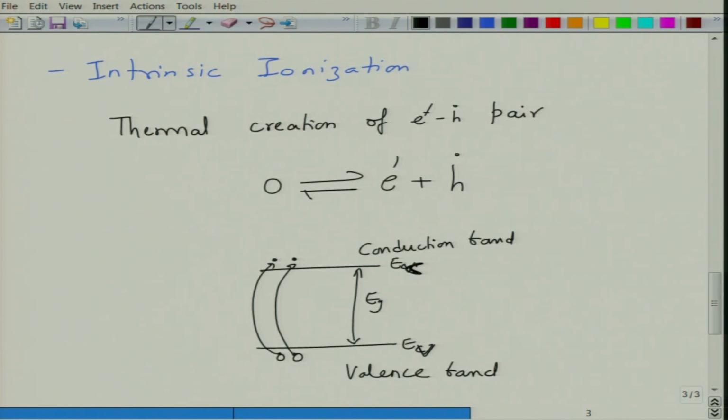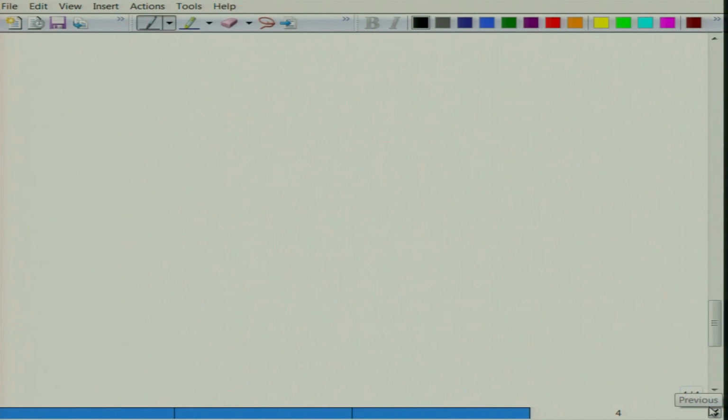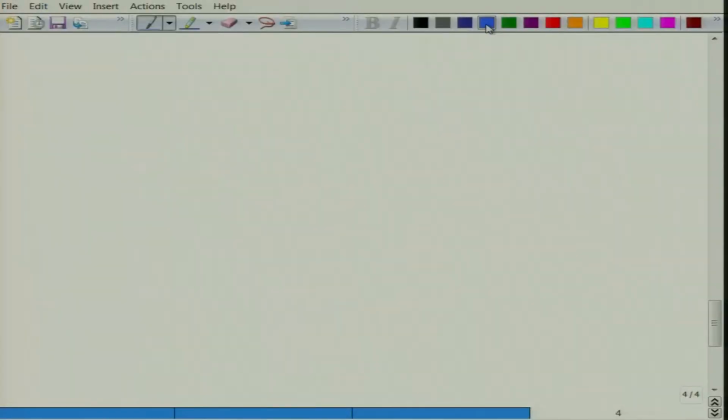Now, oxides do not only consist of these defects, but there are several instances where you will see oxides are non-stoichiometric. So, we will look at the cases of non-stoichiometric oxides now.